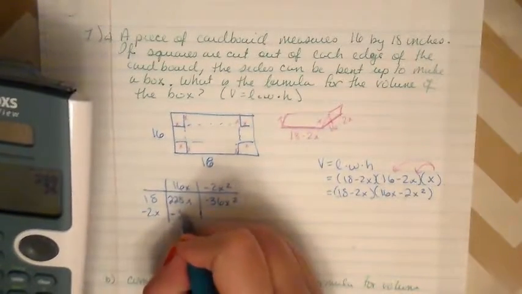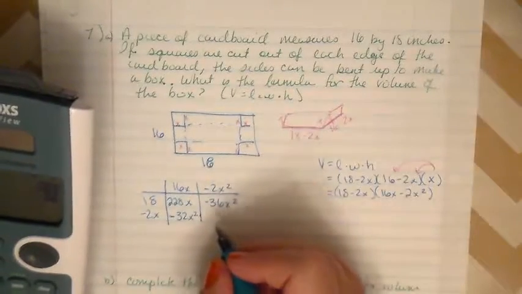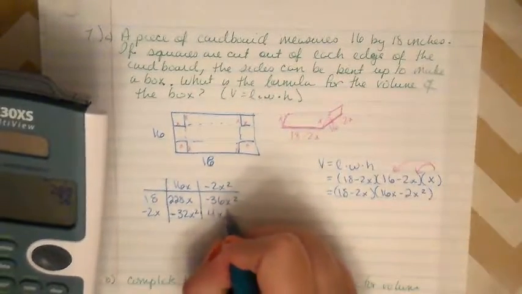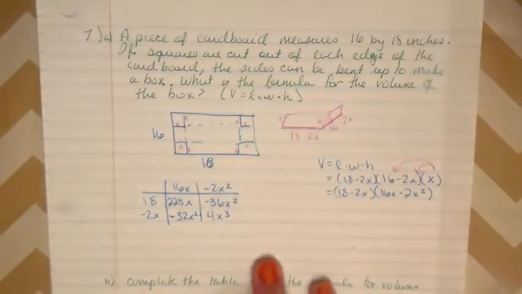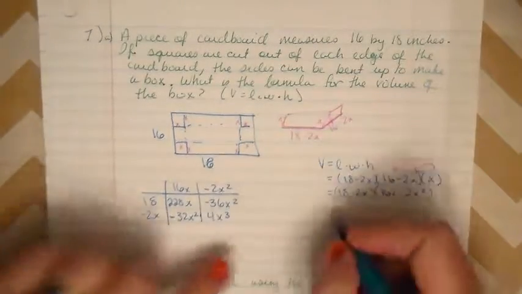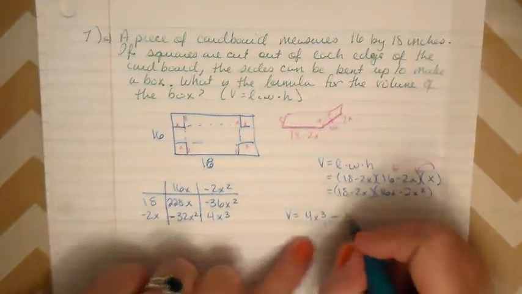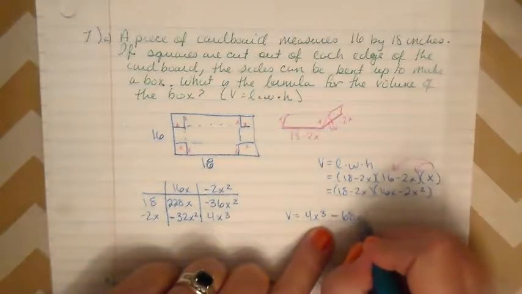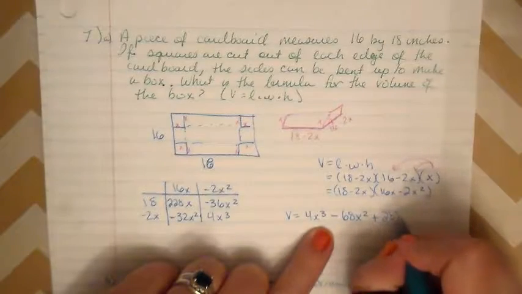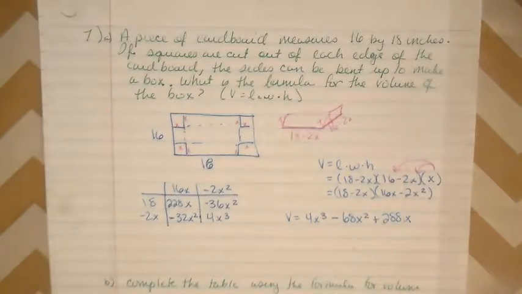Then I have negative 32x squared, and then 4x to the third. Now I'm going to rearrange that, and my volume is going to be 4x to the third minus 68x squared plus 288x. So that'll be the formula for the volume.